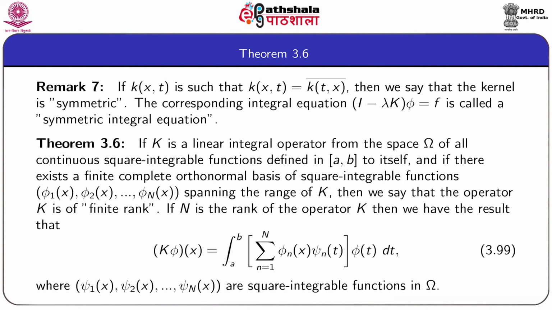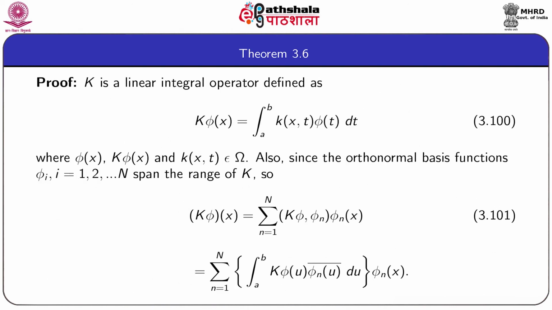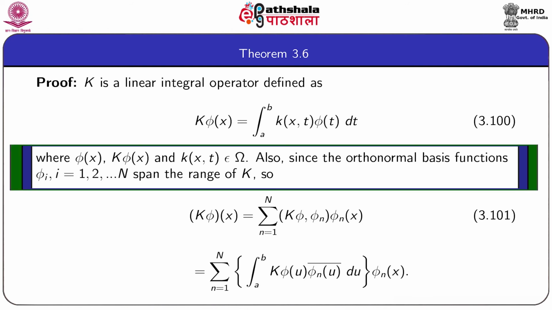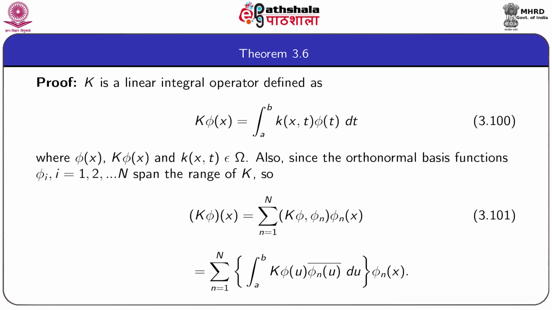Now we have to prove this result given by equation 3.99. K is a linear integral operator which is defined by equation 3.100, where phi(x), K phi(x) and small k(x,t) are all square integrable functions which belong to omega.